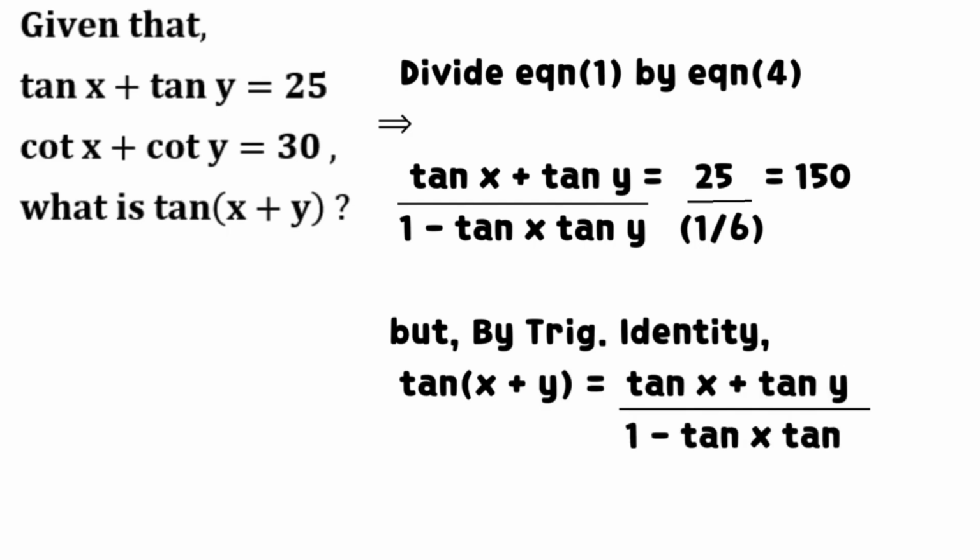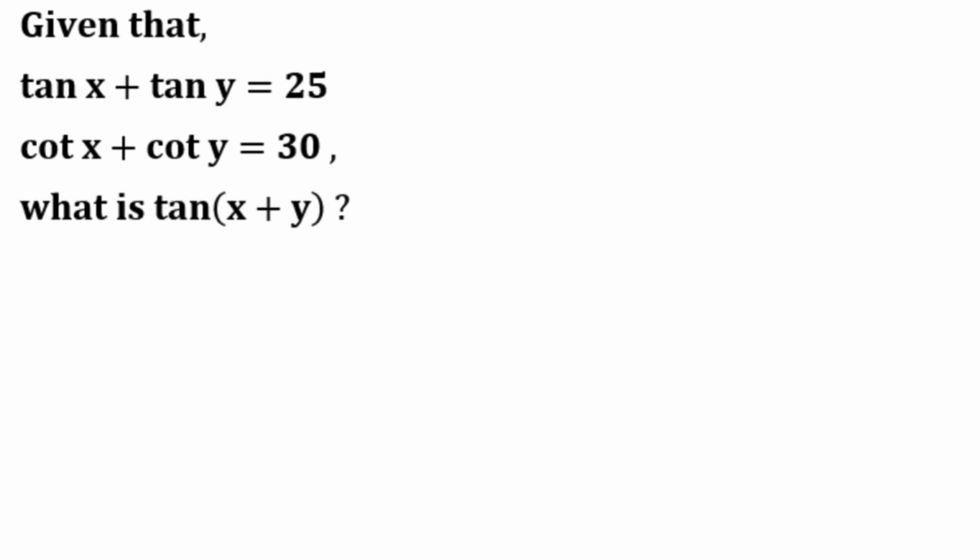But, by trigonometric identity, tan of the sum of x and y equals the sum of tan x and tan y all divided by 1 minus the product of tan x and tan y. Therefore, tan of the sum of x and y equals 150.